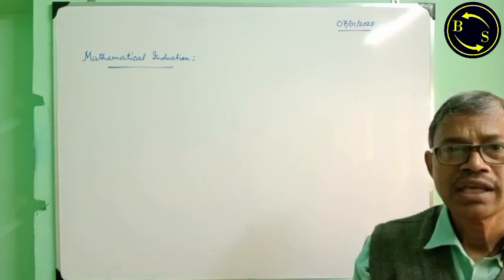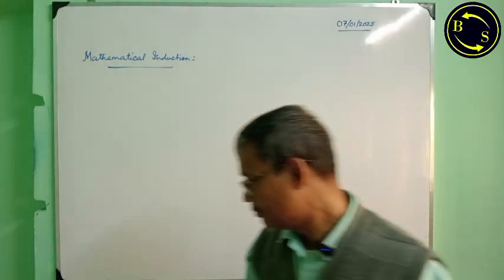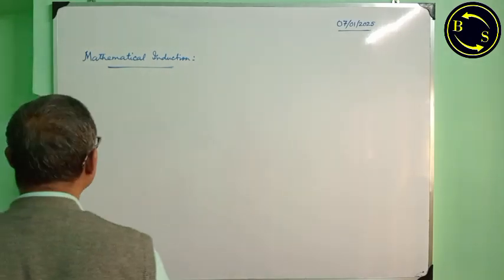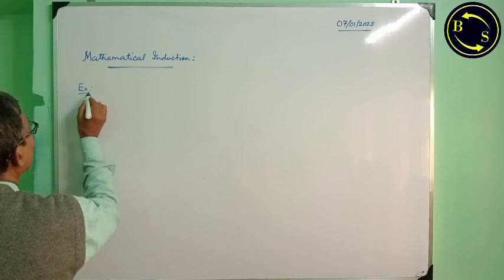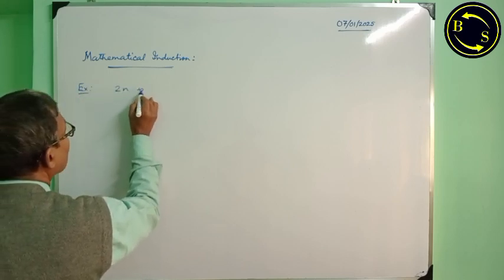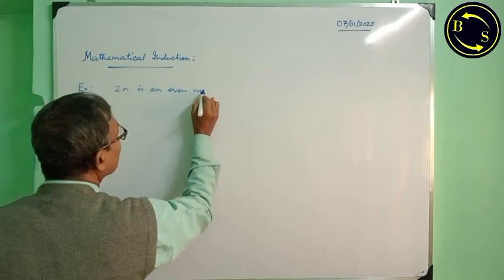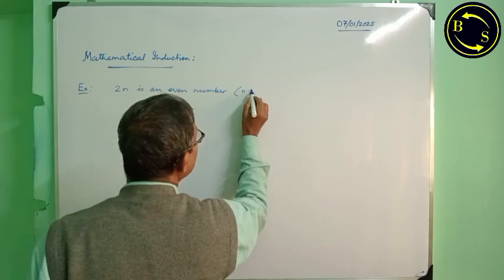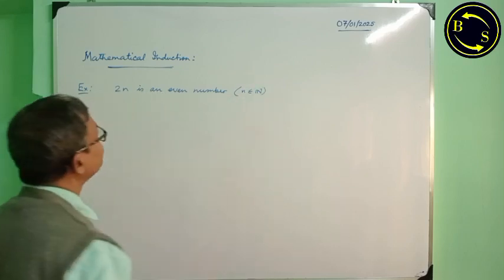Now, we prove 2n is an even number, where n is a natural number.